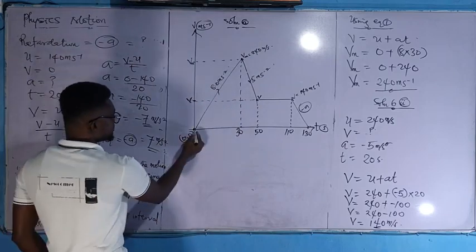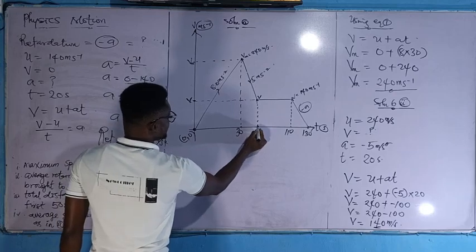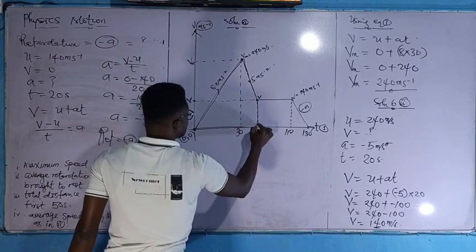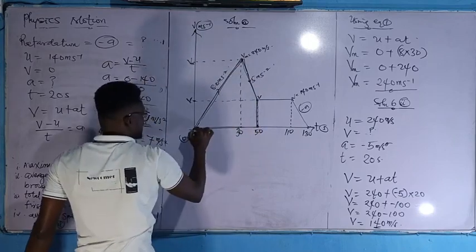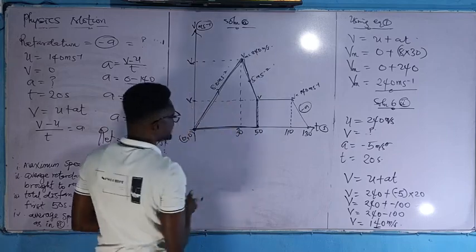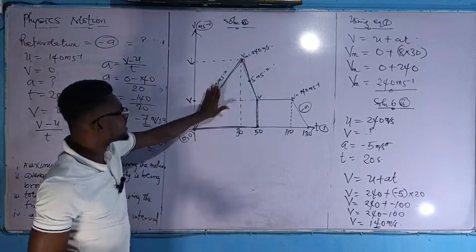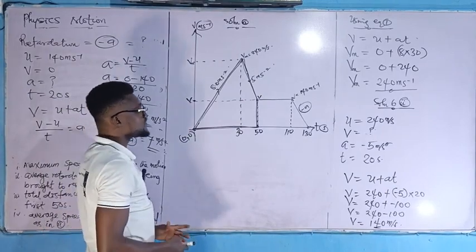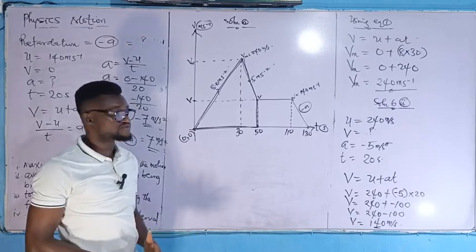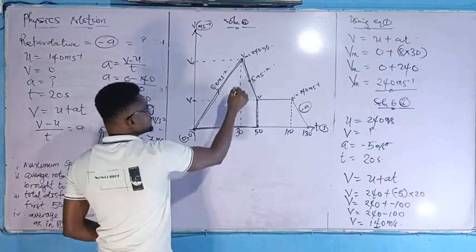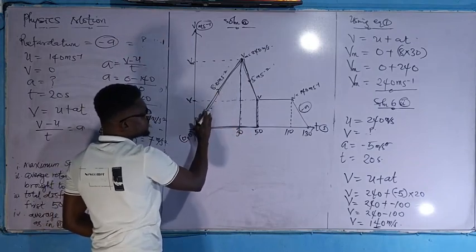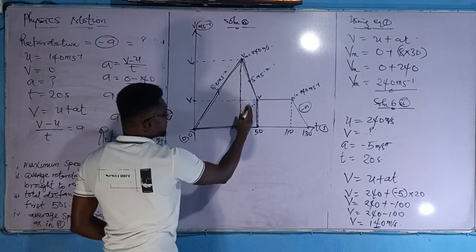That is moving from 0 to 50 seconds, which means we are interested in the area of this, because distance covered is the area of the surface. In order to get the area, we need to split it into shapes which we know. If you split it into two, here automatically becomes a triangle, while here becomes a trapezium.